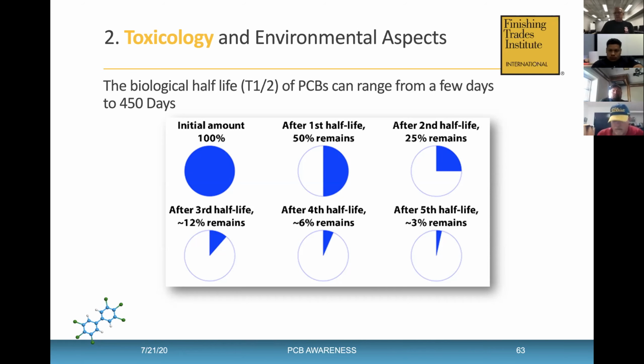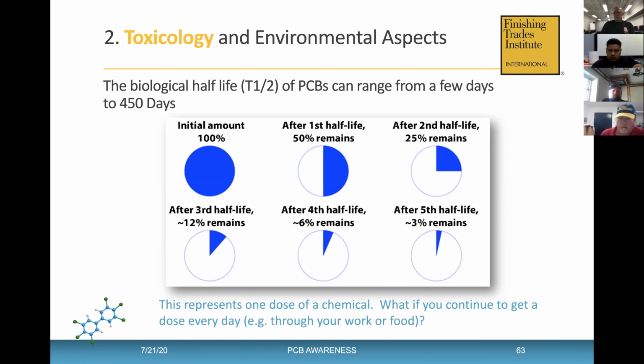But look at this sentence. This example represents one dose. So one time you get it into your body. But what if you keep having a dose day after day? So let's say your job takes 30 days and you're exposed to this for 30 days. So day one, I'm pointing to the screen like you can see me.